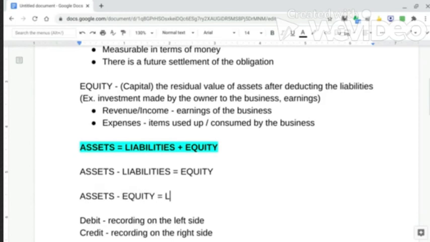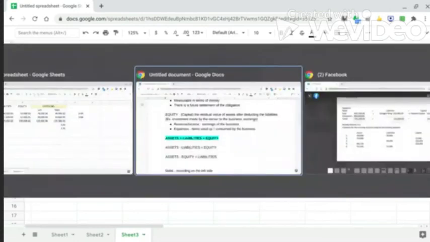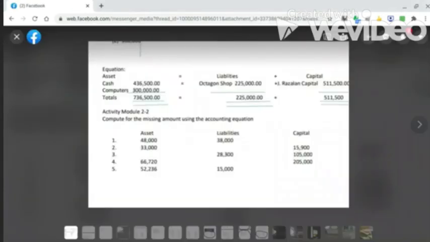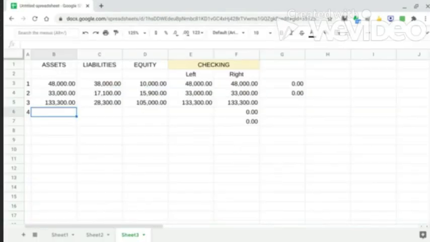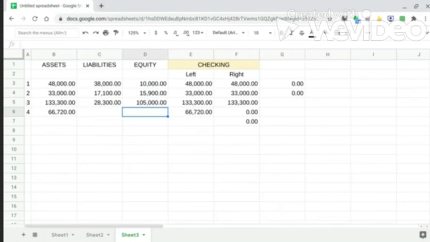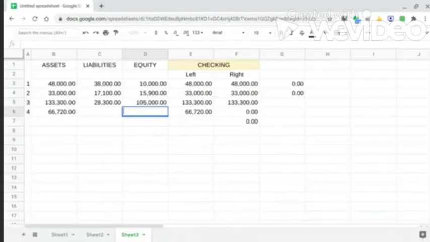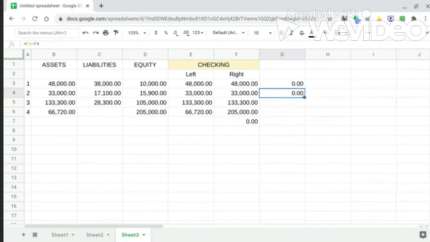Next, number 4, we have assets 66,720 pesos and an equity of 205,000 pesos. So, tamang-tama yung ginawa natin kanina. Let us get the difference. So, may difference na negative 138,280 pesos.